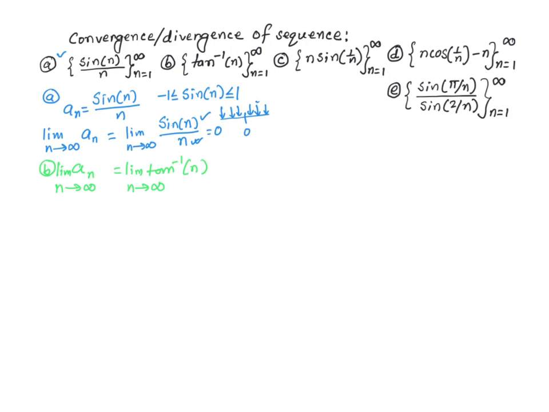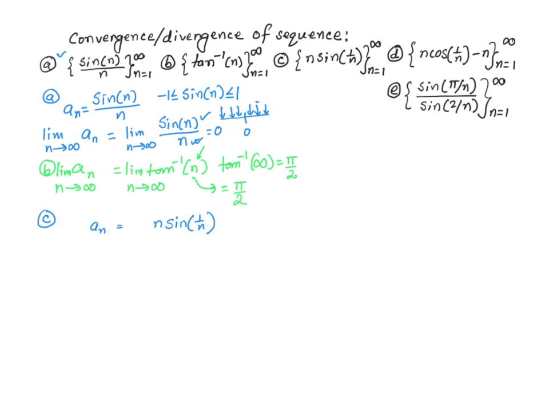As n approaches infinity, the argument of tangent inverse approaches infinity. So in the limiting case, it is going to be tangent inverse of infinity, right? But you know, tangent inverse of infinity is pi over 2. So the limit as n approaches infinity of A sub n is going to be nothing but pi over 2.